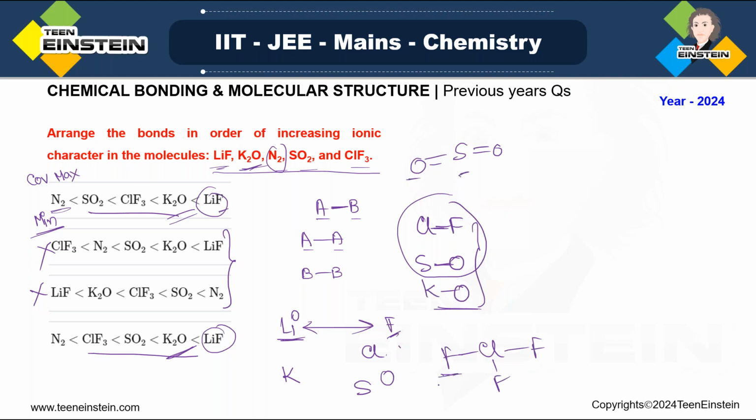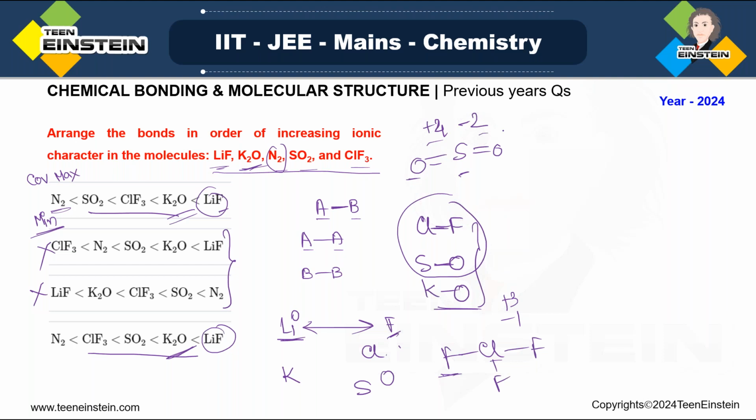Here for fluorine it is -1, for Cl it is +3, because fluorine is more electronegative, so we should consider the negative charge over fluorine. So the oxidation states, positive and negative, in this case are +4 and -2, but here they are +3 and -1. So the higher the oxidation state on the cation and anion, the more the chance that it will have covalent character, because ionic character is always associated with lower oxidation state and covalent character is associated with higher oxidation state.